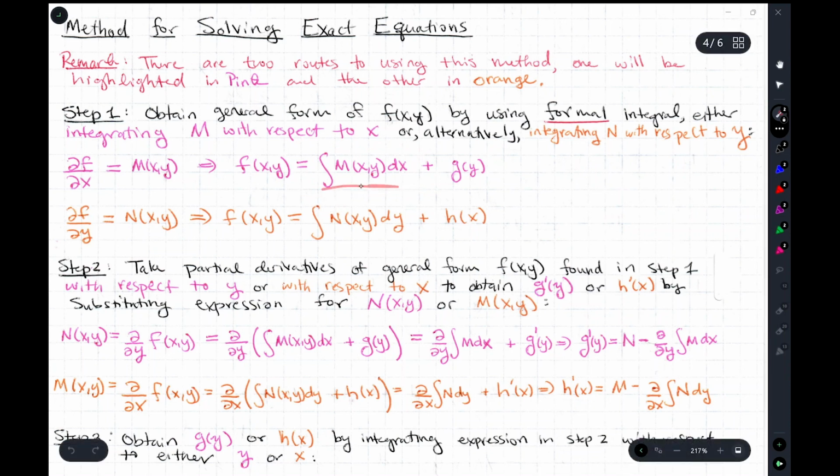What we're asking when we take this integral is: what is the most general expression we could get when we integrate, such that when we take the partial derivative with respect to x, we get back M? Okay, so that's how it's seen. So when you integrate this, what are you doing? You're holding y as if it's a constant. Okay, and it's a weird integral. It's quite different than the things we usually do.